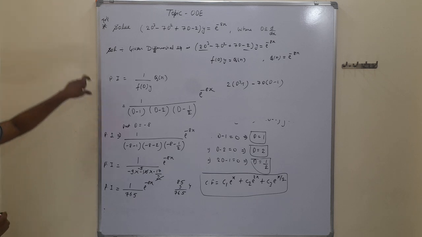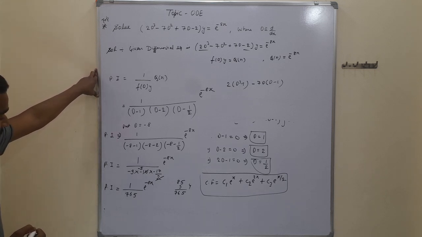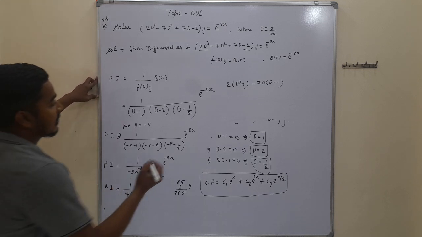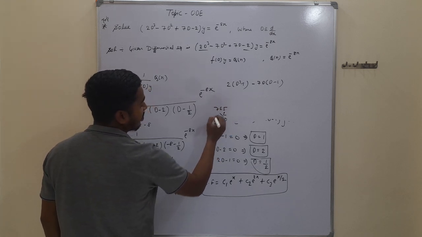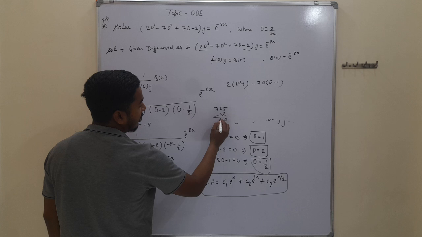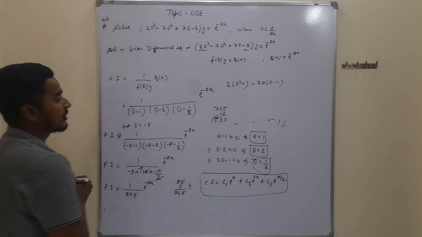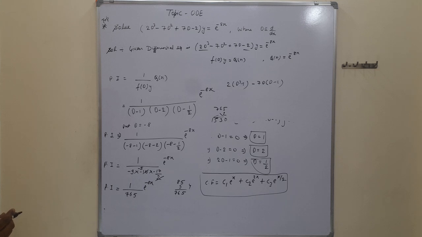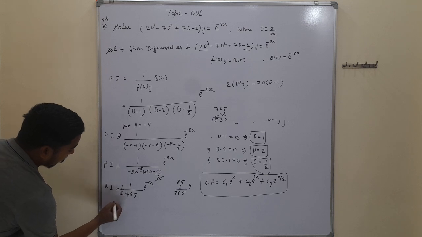We can also put this, and 2 is taken out once again. 765 multiplying with 2, 5 twos are 10, 2 sixes are 12, 13, 7, this is 1530. We can omit the term 2, so we multiply it here with 1 by 2. We get the particular integral.